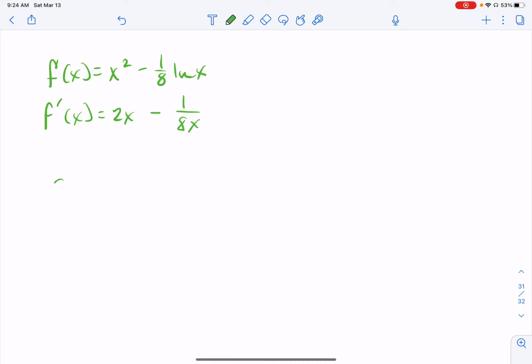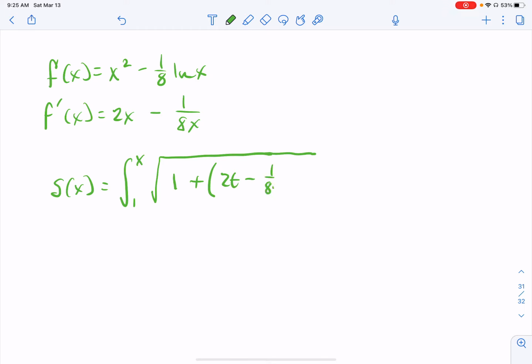So s of x is equal to the definite integral from 1 to x. x is the variable for our function, so I have to make sure I don't use x inside of the integrand. Square root of 1 plus (2t, or choose your favorite variable that's not x, minus 1 over 8t) squared dt, since I used a t in here.